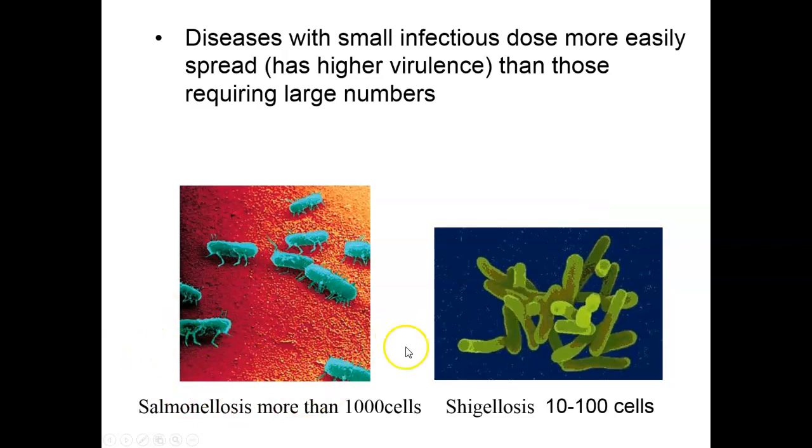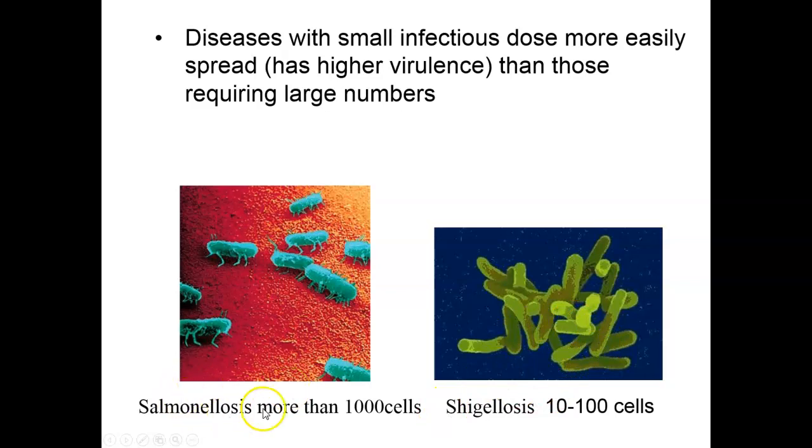We have Salmonella here, and we have Shigella here. Salmonella has a lower virulence, and because of this, we need more cells to cause the same disease. Shigella needs very few cells, so it has a higher virulence.